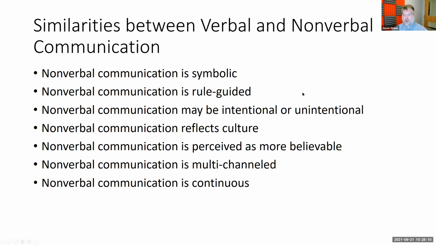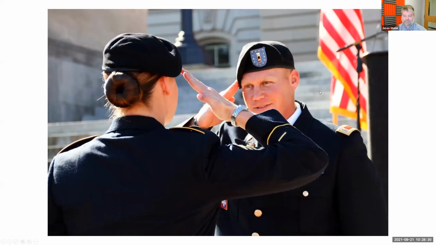That's why you wait a week or whatever after you get that attractive other person's contact information in a dating situation. You don't typically immediately just text them right back. Not usually. Again, it's rule guided. It can be intentional or unintentional. It is symbolic, and it can be intentional, unintentional.